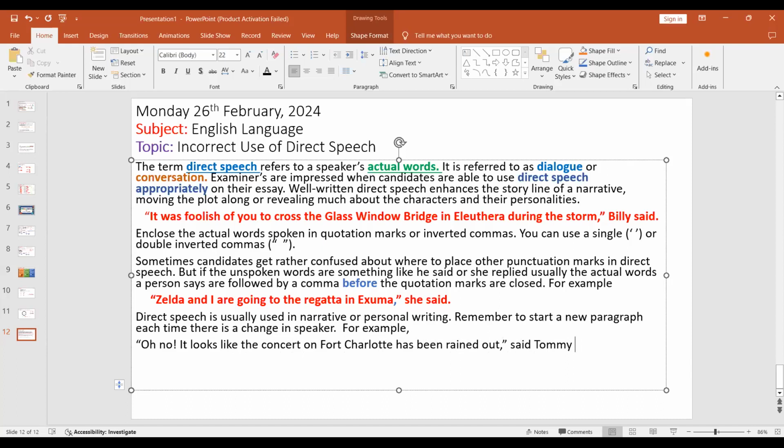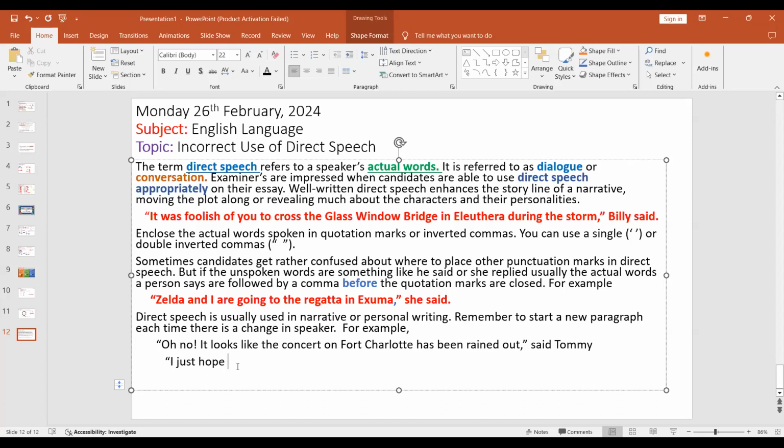If we want to insert someone else who spoke, what must we do? Start a new paragraph. Very good. We have to literally start a new line. Let me indent.